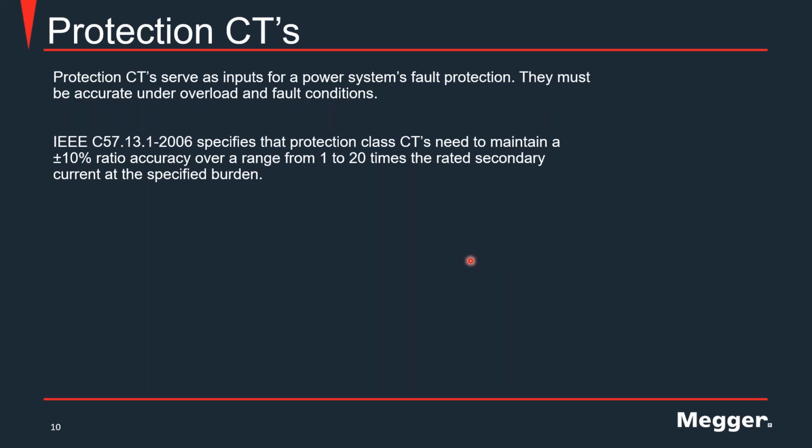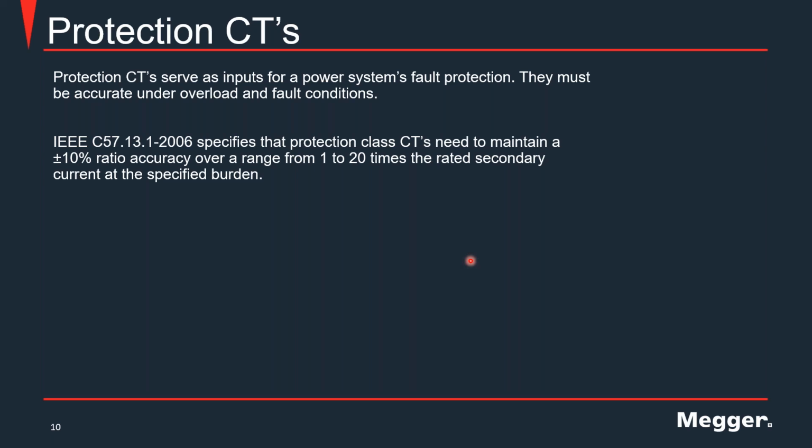Now, we also have protection CTs. The protection CTs serve as inputs for a power system's fault protection. They must be accurate under overload and fault conditions, unlike metering CTs, which are supposed to be very accurate from very low currents until 100% of the CT's nameplate.